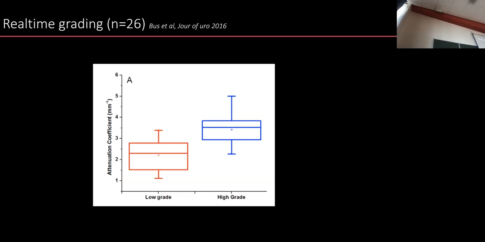So here you have the attenuation coefficient versus the grade. And it was in 26 patients back in the day, we were able to determine, okay, we have a tool now that not only can look, based on studying the images, at the ingrowth, but also says something about how aggressive the lesions are.